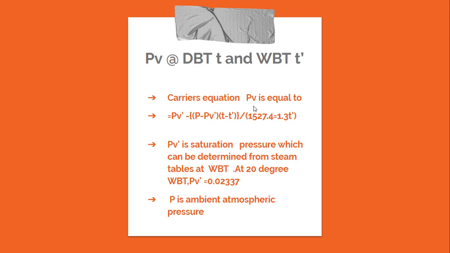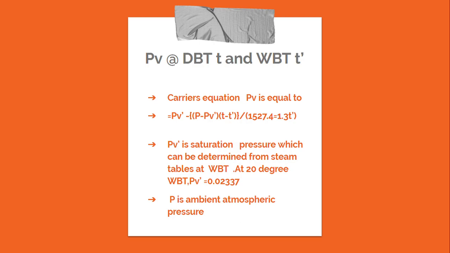Okay, so now it is very easy mathematically. If you look at this problem mathematically, how to find PV? Use this equation. And what are the unknowns? P is known because it is total pressure. It is given. It can be measured by barometer. T is known. It can be measured using the dry bulb thermometer. T dash is known. It can be measured by using the wet bulb thermometer.